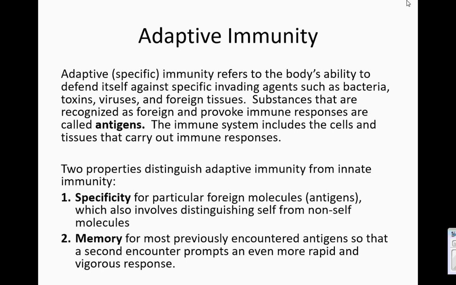Two properties distinguish adaptive immunity from innate: specificity for particular molecules, those molecules being foreign antigens involved. Unfortunately, distinguishing self from non-self sometimes doesn't occur, and I talked about how we can reject transfusions and that kind of stuff. And the memory for most previously encountered antigens, so that a second attempt prompts an even more rapid and vigorous response.